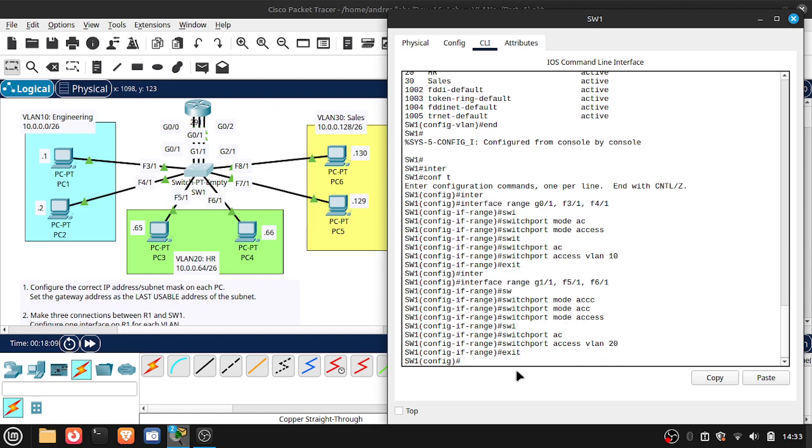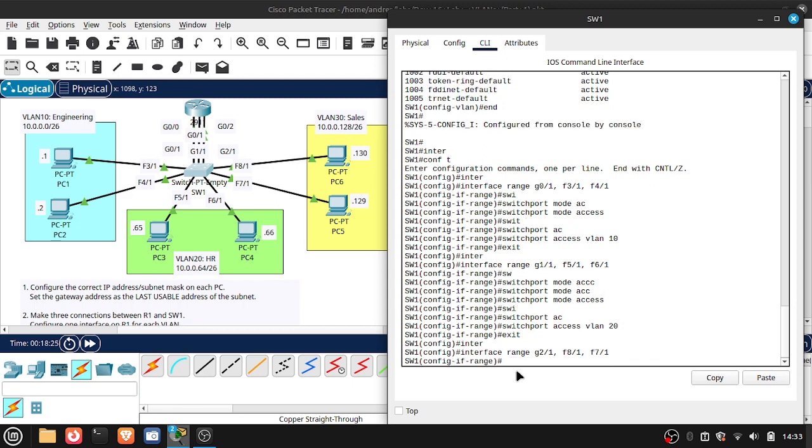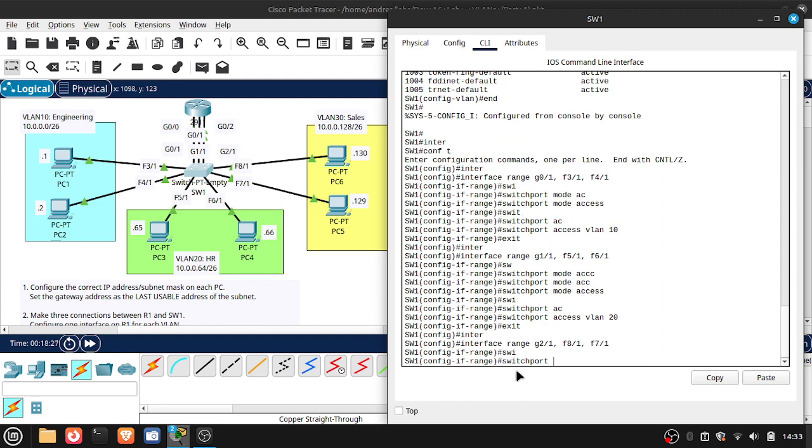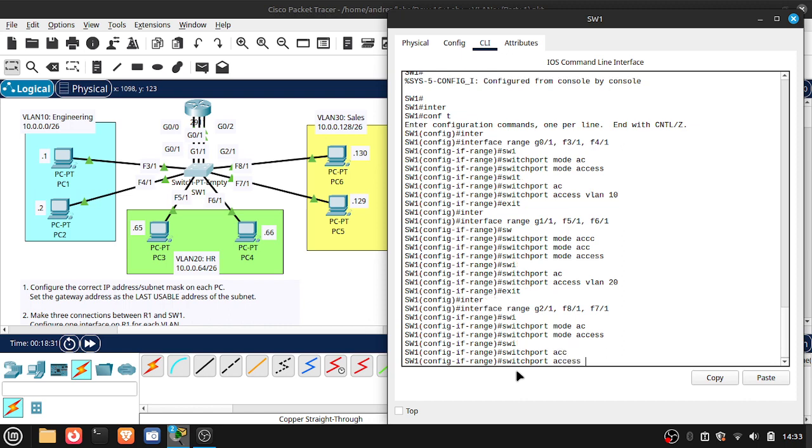Okay, and the last one, what are its interfaces? Gigabit 2/1, fast Ethernet and fast Ethernet. Switchport mode access, switchport access vlan 30. That's it.